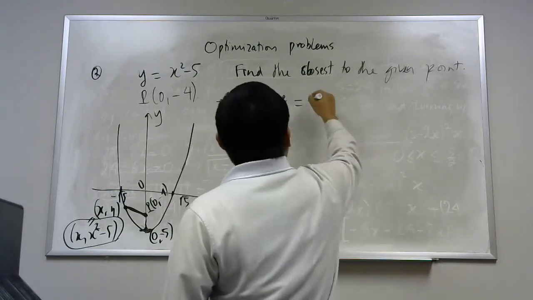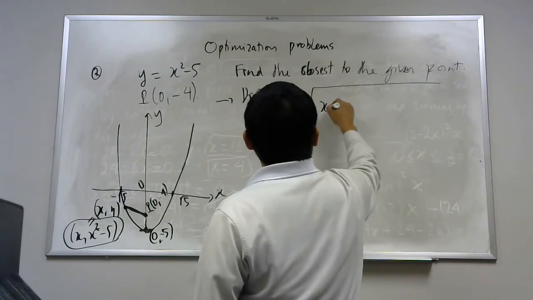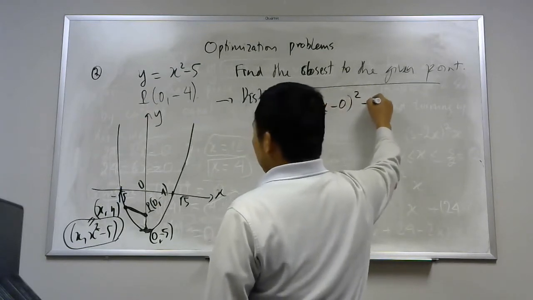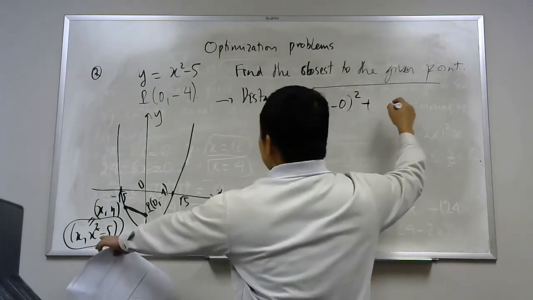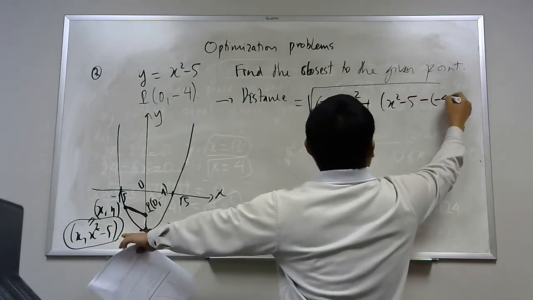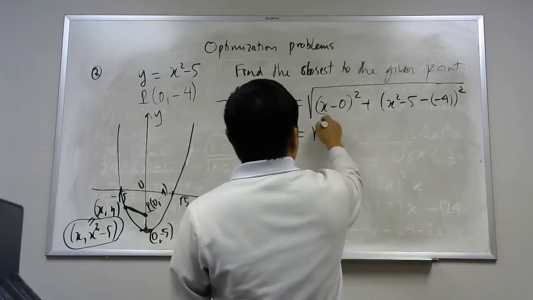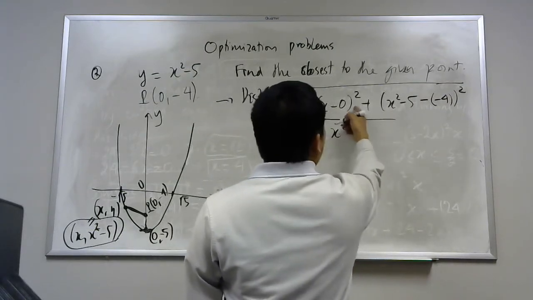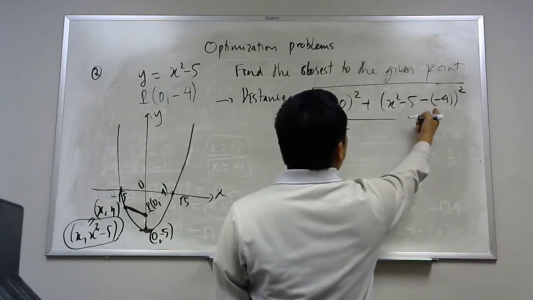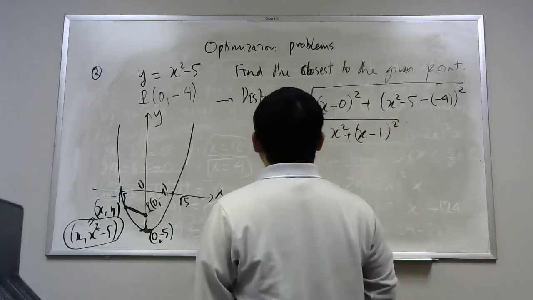We have square root of (x minus 0) squared plus (y, in this case x squared minus 5, minus (-4)) squared. Okay, so basically that is square root of x squared and then (x squared minus 1) squared.